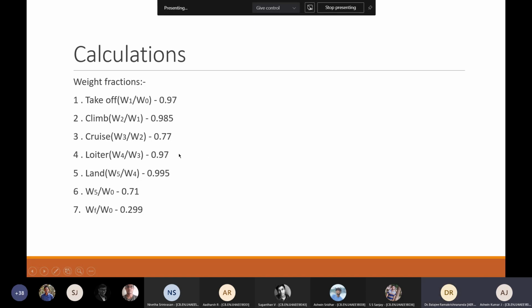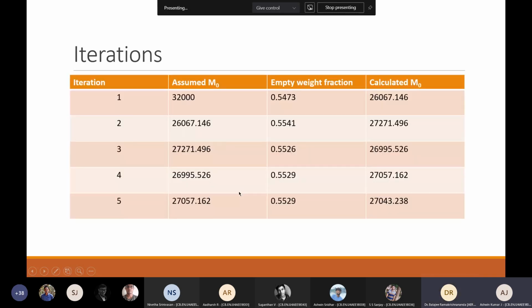For cruise and loiter, we used the Breguet range and endurance calculation. From that we calculated the total fraction and the fuel fraction. Probably the fuel fraction is a little bit high, but it's still an acceptable limit.